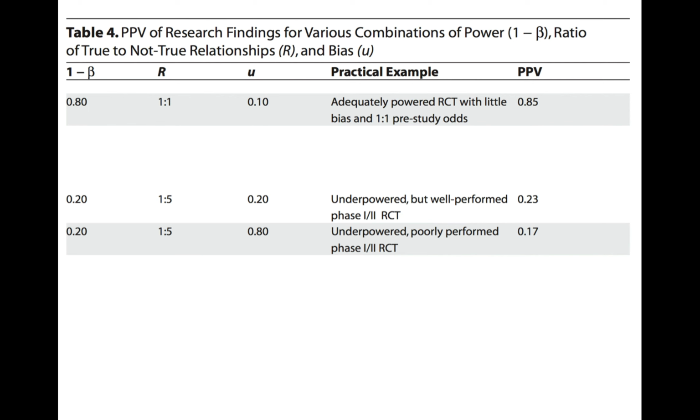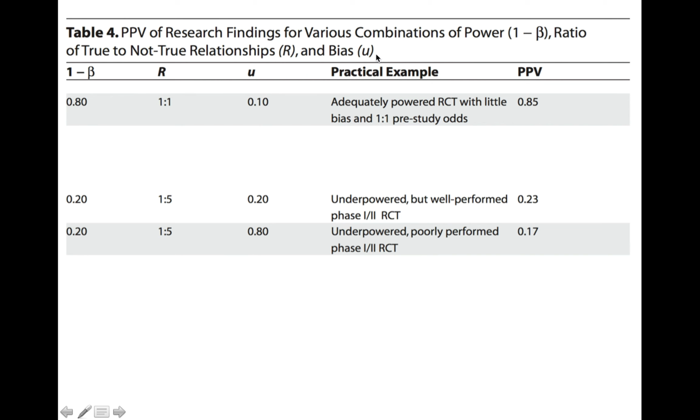So I'm just showing a little bit of a table because I didn't want to overwhelm you. This is table 4 from that paper, why most published research findings are false. And this is the PPV of research findings for various combinations of power, which again is 1 minus beta, ratio of true to not true relationships, which is the R, and the bias.